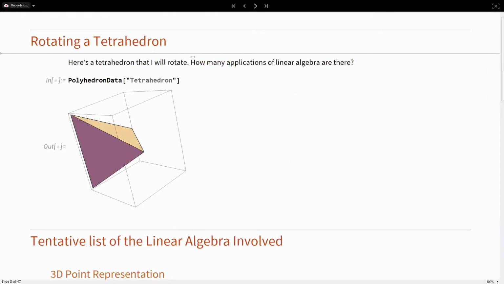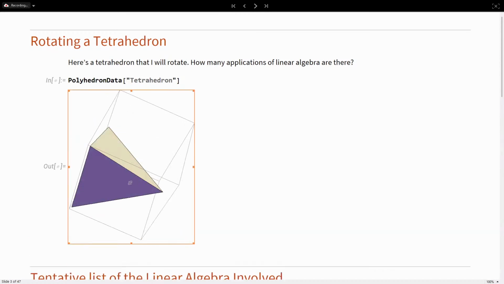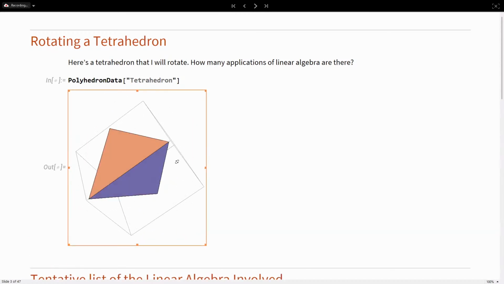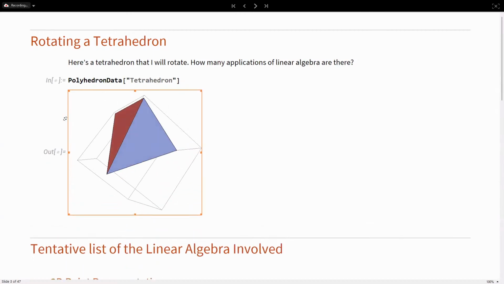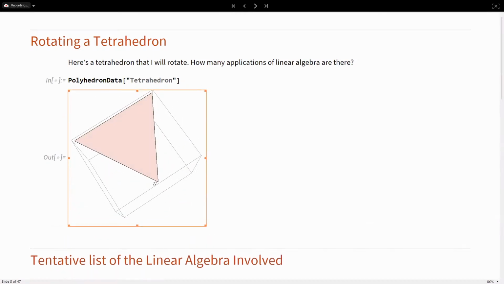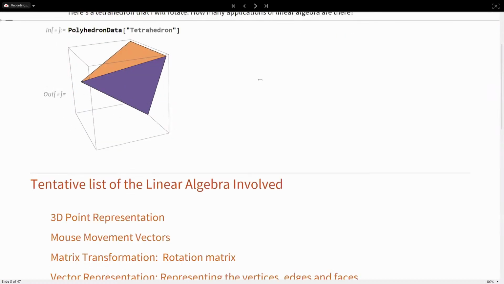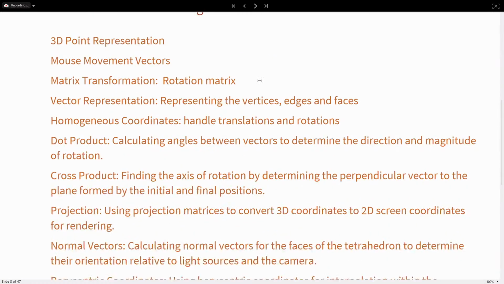So, to kind of prompt this talk, here's a tetrahedron, and I'm rotating it here with my mouse. So, what are the pieces of linear algebra involved here? And here's a list that I came up with.